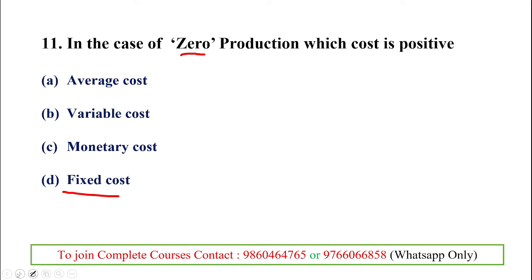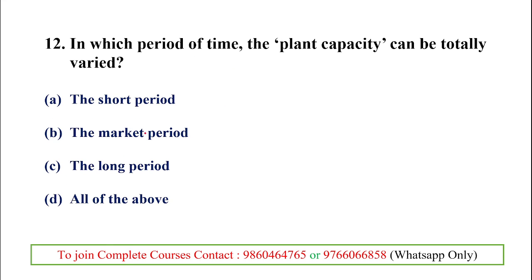Average variable cost is a monetary cost in the daily routine or daily expense of the firm, but the firm must incur the fixed cost because the fixed cost is the base of the production unit. So the fixed cost is positive in all periods, also at zero production.